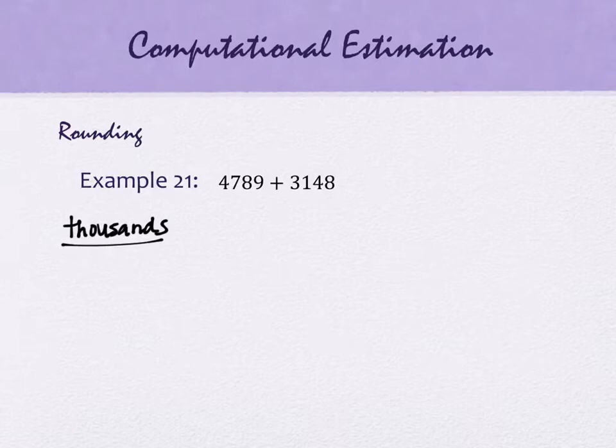The way rounding works is that you use the thousands place as your starting point, and the value to the right determines whether the value rounds up from 4,789 to 5,000 or down from 4,789 to 4,000. So the number 4 itself will either stay a 4 or it will become a 5. Those are the only options. Since the number here is a 7, we're going to round up because 47 is closer to 50 than it is to 40. That's the basic idea.